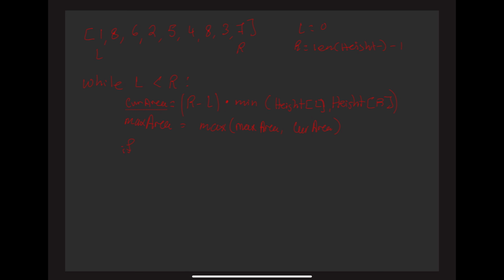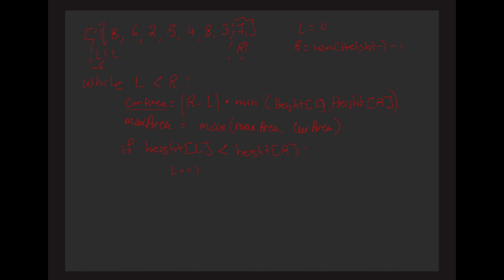So if height at left is less than height at right, then we would increment the left pointer by 1, hoping that we come across a much taller height than we had previously. Here we had 1 versus 7 at the right pointer, so we would tell the left pointer to increment.